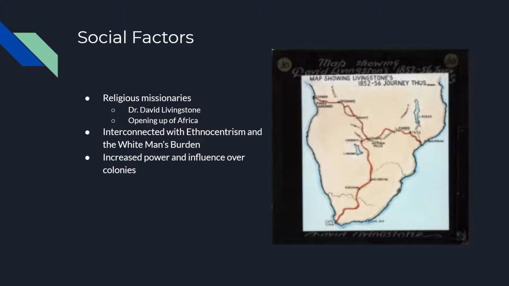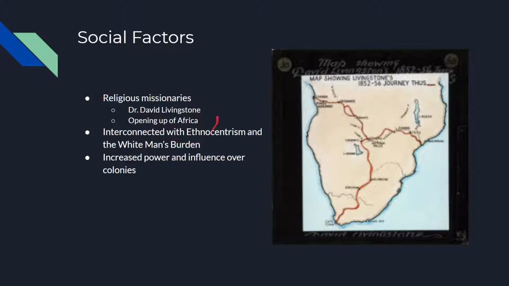So another social factor that comes up is the religious missionaries. And one religious missionary that was very important was Dr. David Livingstone. As you can see on this map here, this is a map of his travels in South Africa in 1852 and 1856. This is what's called the opening up of Africa, where Africa was largely a mysterious place that Europeans largely did not go to.